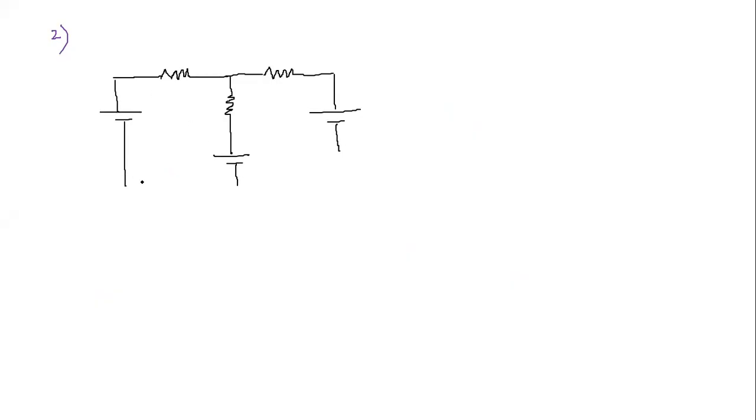I'll go for black, and then let me draw the bigger diagram so that I won't be messing up the junctions. What I have is a simple circuit again, drawn in a different fashion. It is the same as the previous one.